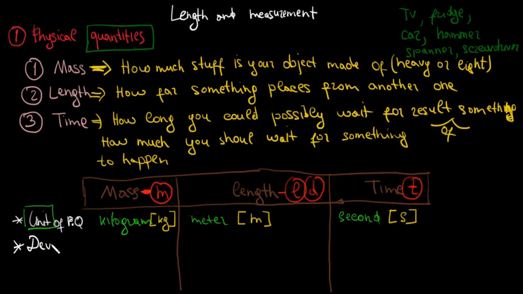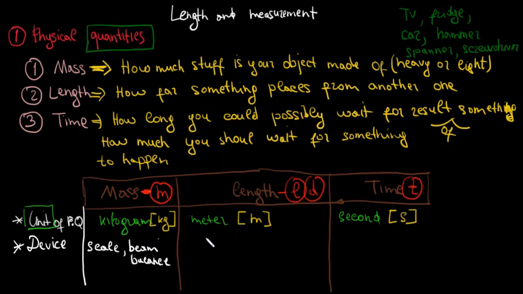What kind of device do I use for measuring mass? As you know, I use a scale or a beam balance, or other types of electronic scales, and so on and so forth.